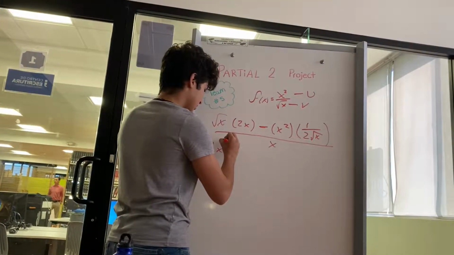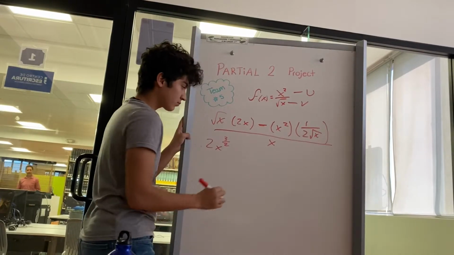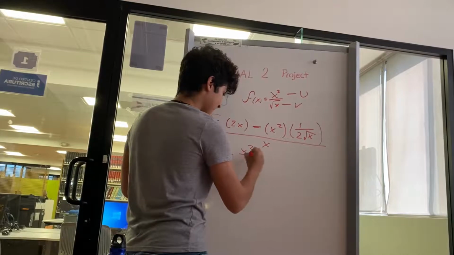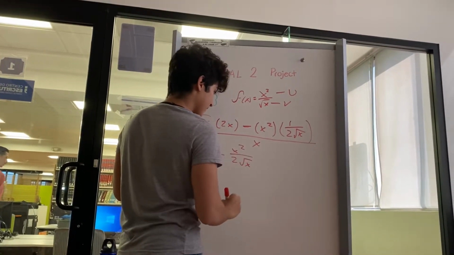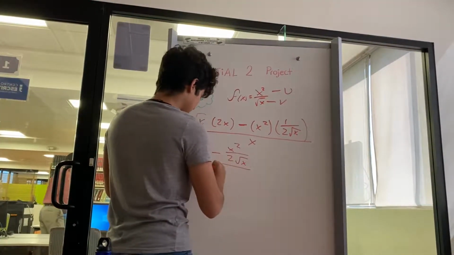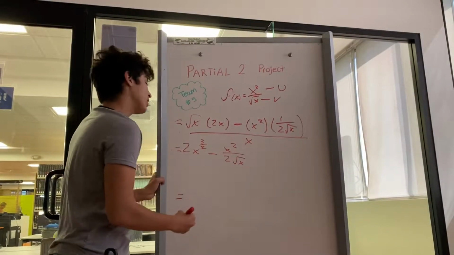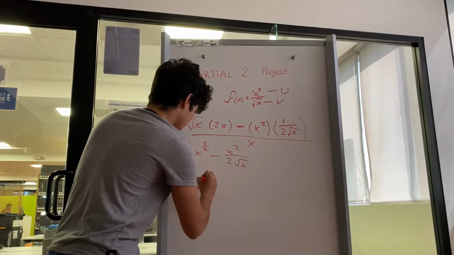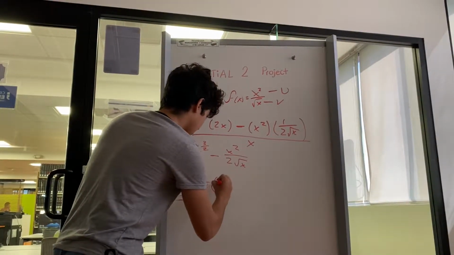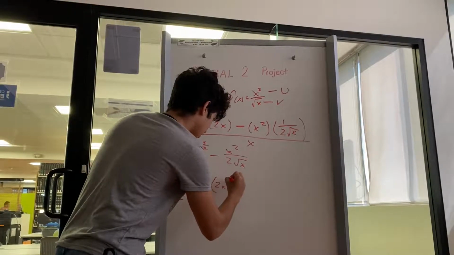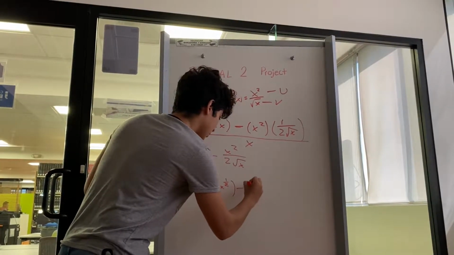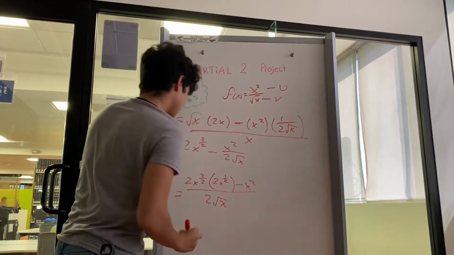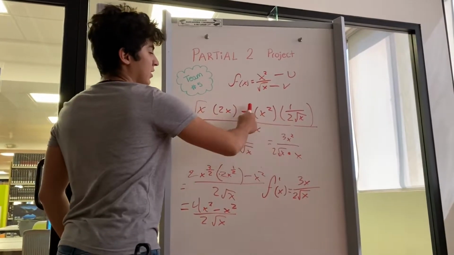2x like this, minus this. We use a common denominator, so it's going to be like this. Now we're going to resolve only this part.